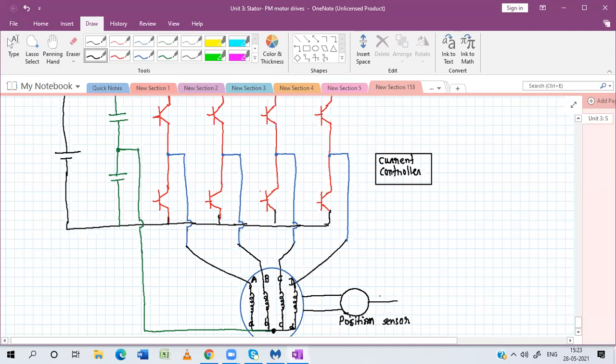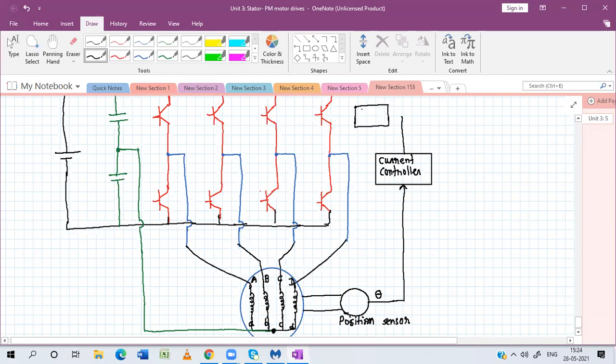The position sensor will detect the rotor position, so it will detect theta. According to the rotor angle, which winding will be excited, the current will be controlled. This is given as pulses to the switching devices or power devices.